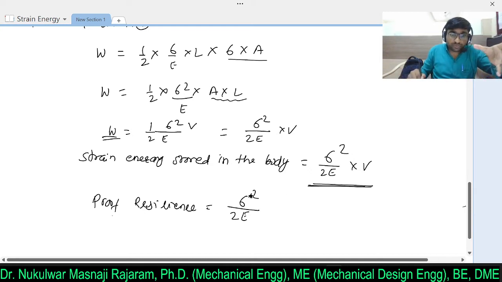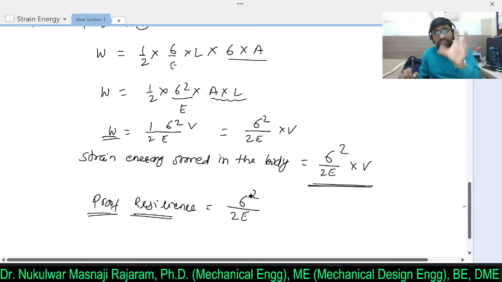Clear? But what is proof resilience? That is the amount of energy stored within the elastic limit only. So this is constant. Sorry, the modulus of elasticity is constant, and the volume will also remain constant.